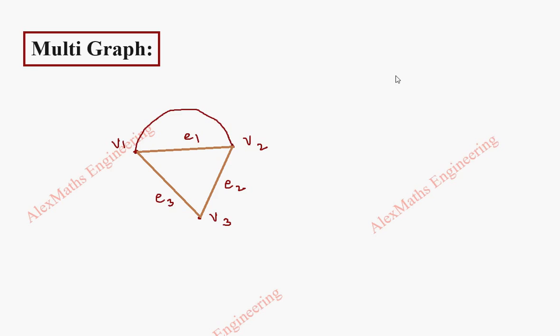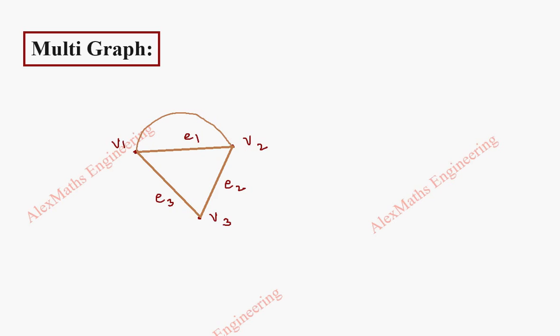For example, let's take vertex V1, vertex V2, vertex V3, and if these are connected by the edges, let's name the edges as E1, E2, E3, and there is another edge which is E4, like this.